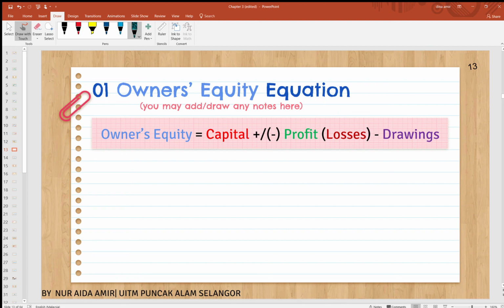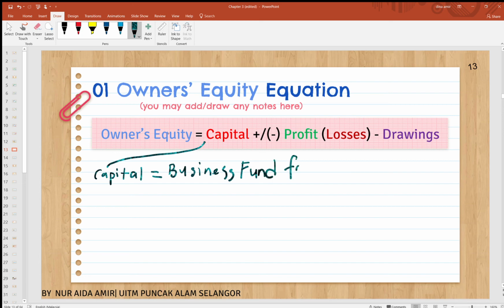Okay, so first is capital. Capital ialah business fund, for acquire business asset.